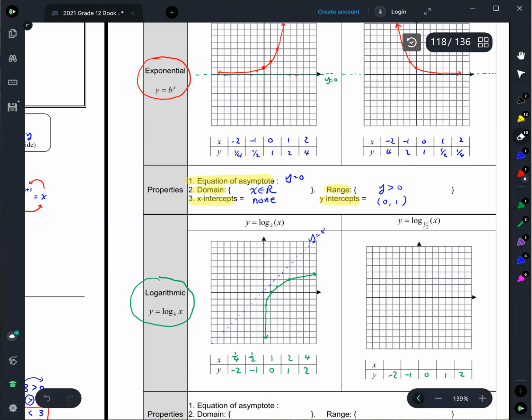So the asymptote line for this becomes vertical, okay? So the vertical line, the equation will be x equal to 0.